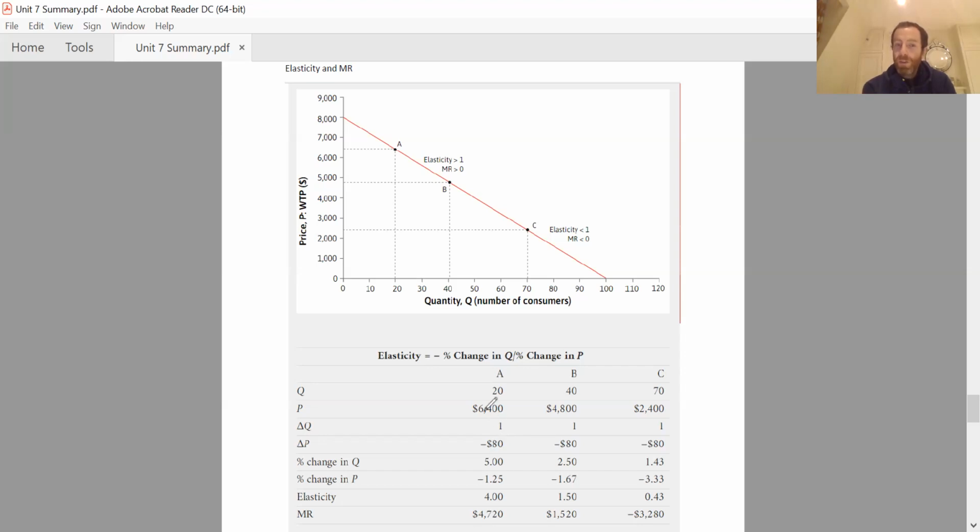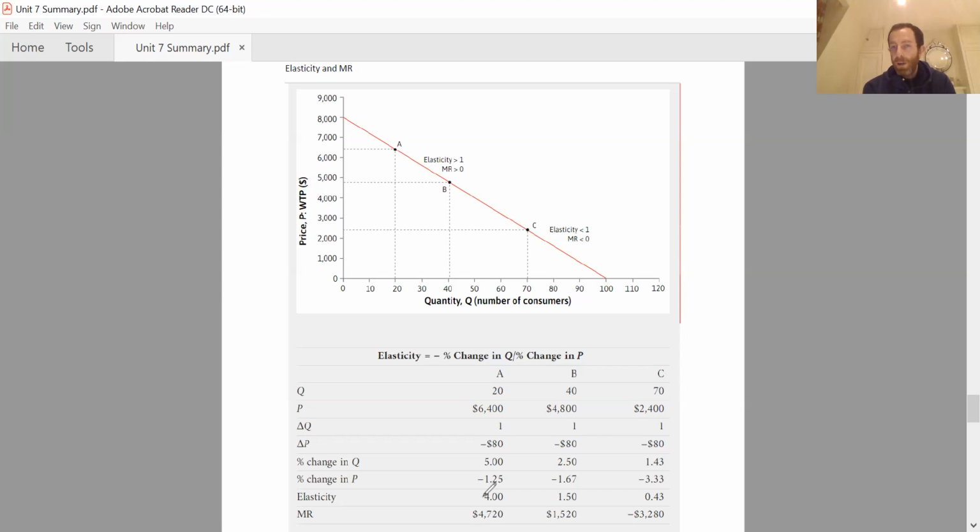Divide that by the original 6,400 and multiply by 100, and we get minus 1.25. Then the last step, get the elasticity. It's the 5 divided by the minus 1.25, which gives us minus 4. But then we multiply that by minus 1, and it gives us 4. So at point A, we have an elasticity of 4.